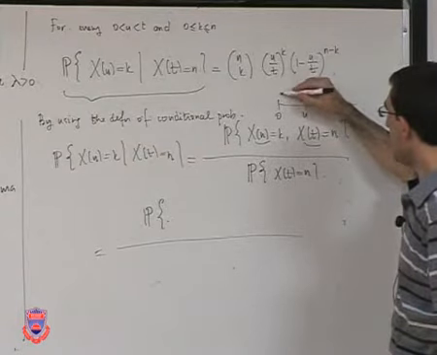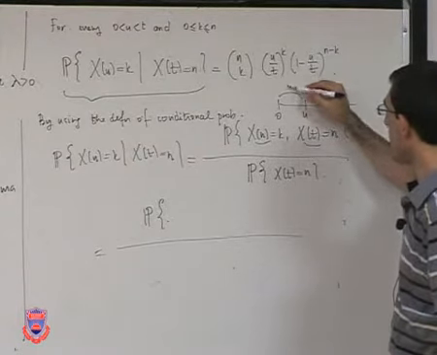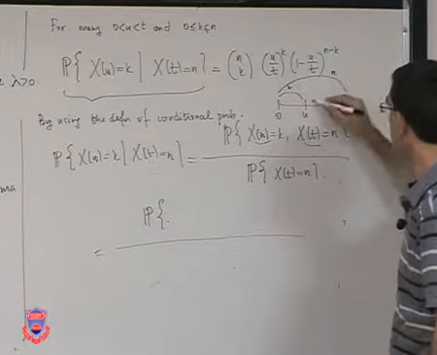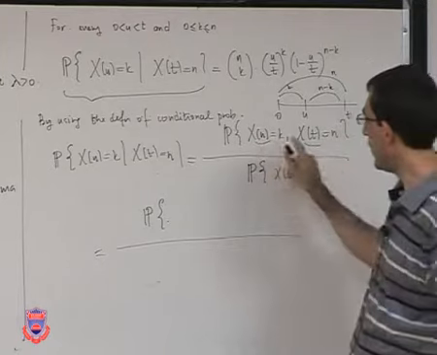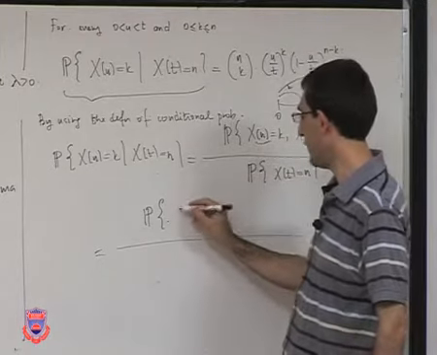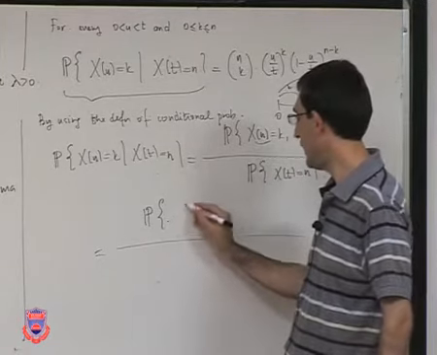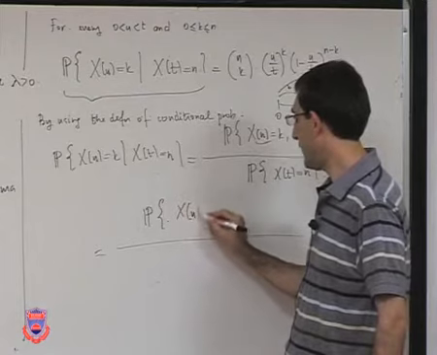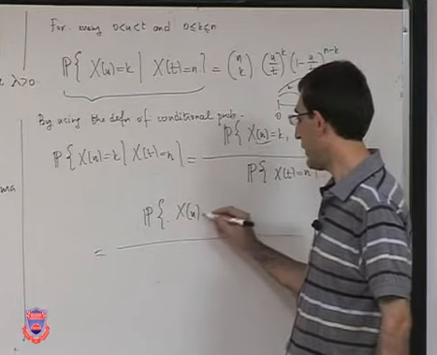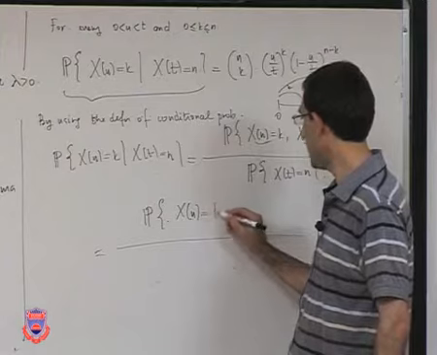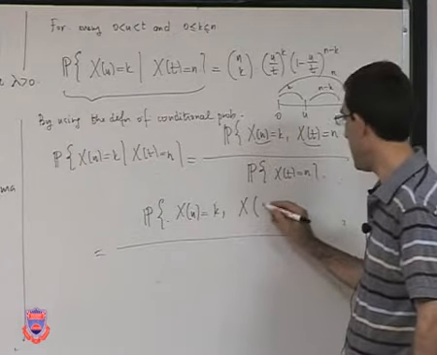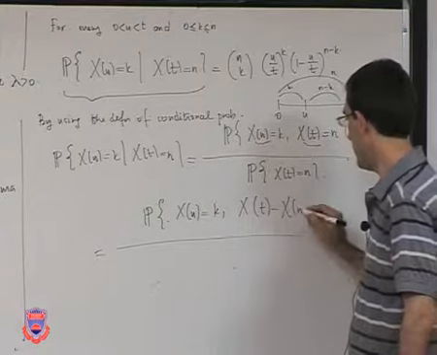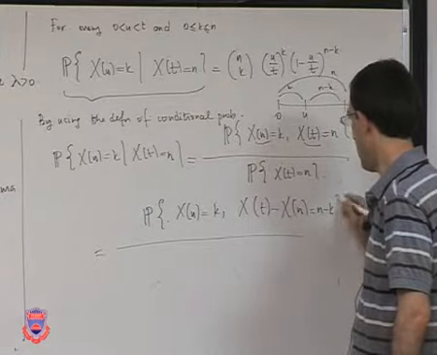For us to have k arrivals here and n arrivals here, we must have exactly n minus k arrivals here. So we can equivalently write this event, therefore the probability itself, as the probability that the number of arrivals until u equals k, and the number of additional arrivals between time u and time t equals n minus k.